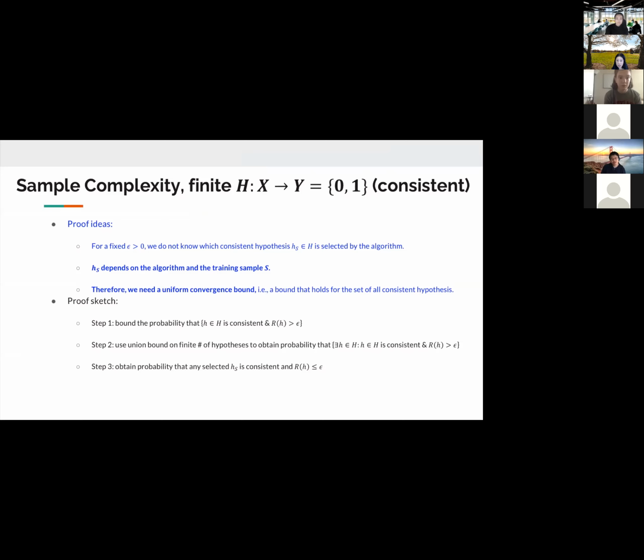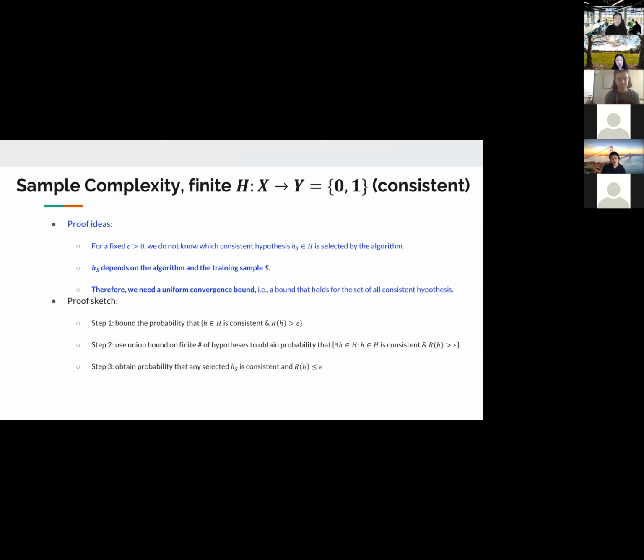For a fixed epsilon greater than 0, we do not know which consistent hypothesis HS within H is selected by the algorithm. However, HS depends on the algorithm and the training sample S. So we need a uniform convergence bound, which is a bound that holds for the set of all consistent hypotheses.